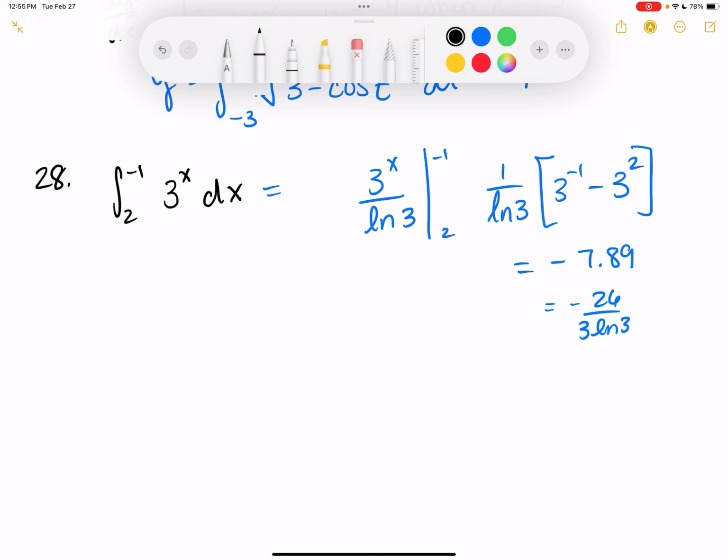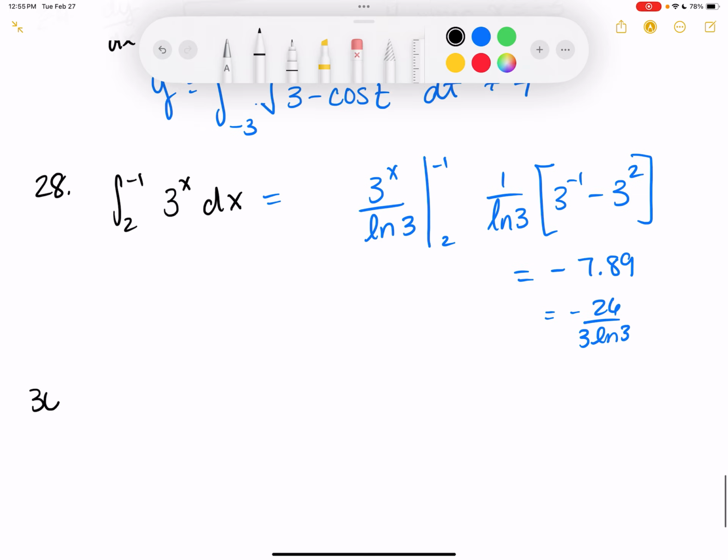Okay, so let's do one that we actually know. Number 30. The integral from 0 to 5 of x to the 3 halves dx. Or one that we would know how to find, I guess I should say. So I need the antiderivative of x to the 3 halves.